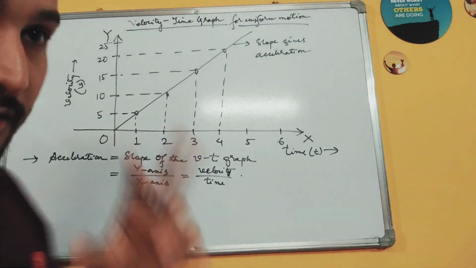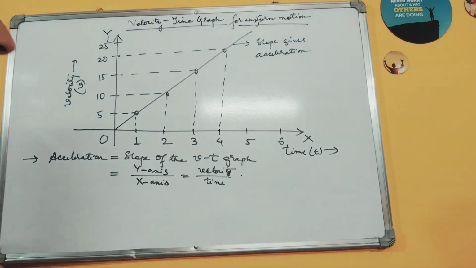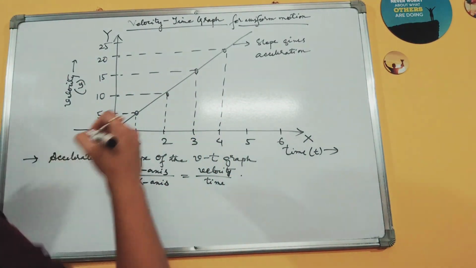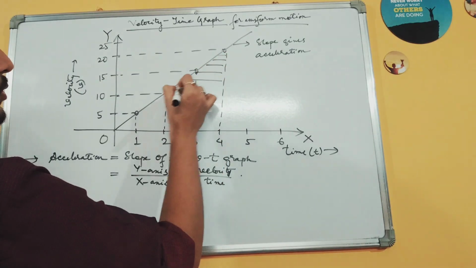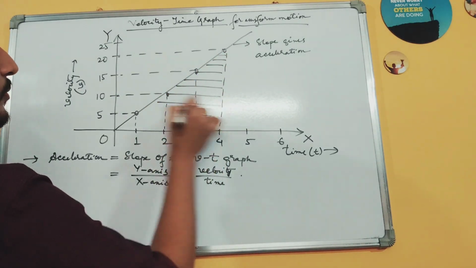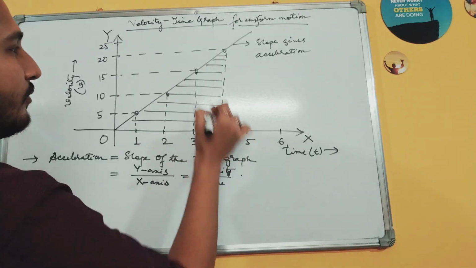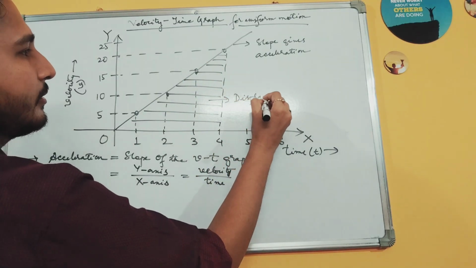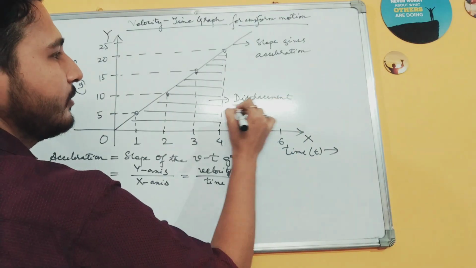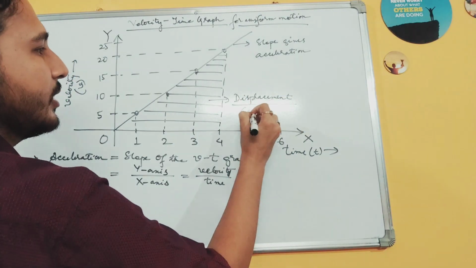Now another term you'll also get from this graph, that is called displacement. मतलब ये वाला, this thingy, the area under the slope. The area under the slope will give you displacement. Okay, area. That is what? Area.